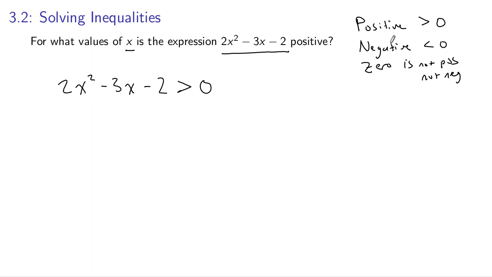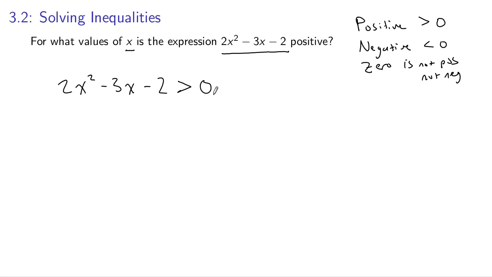If you want to describe in English all the numbers that are less than or equal to 0, you would need to say negative or 0, or most times mathematicians will say non-positive to mean both negative and 0, or non-negative to mean both positive and 0. So here, positive means greater than 0. Positive is another way of saying an inequality.